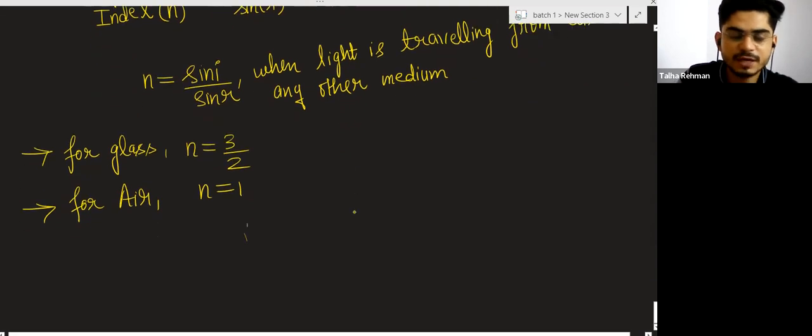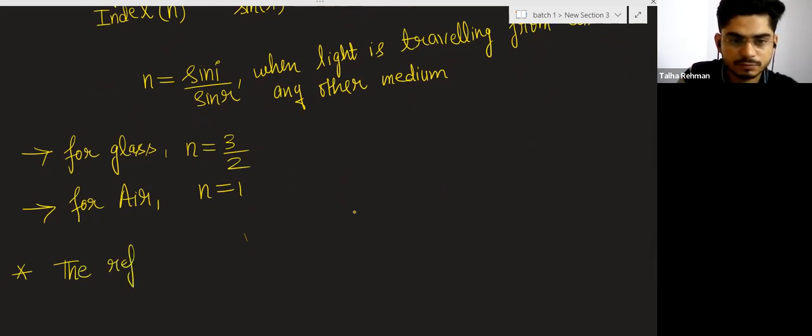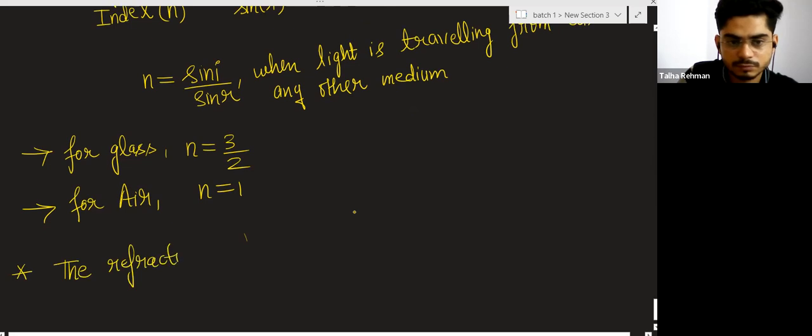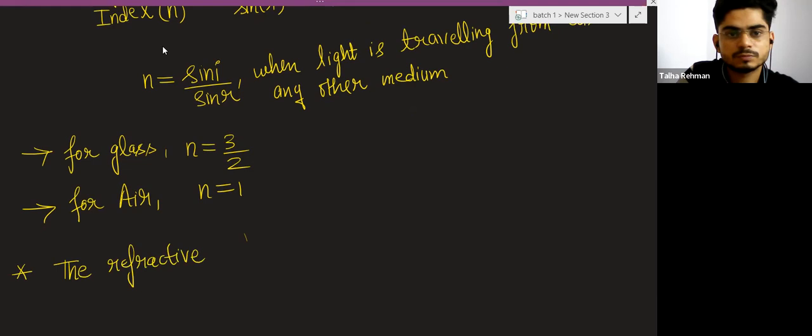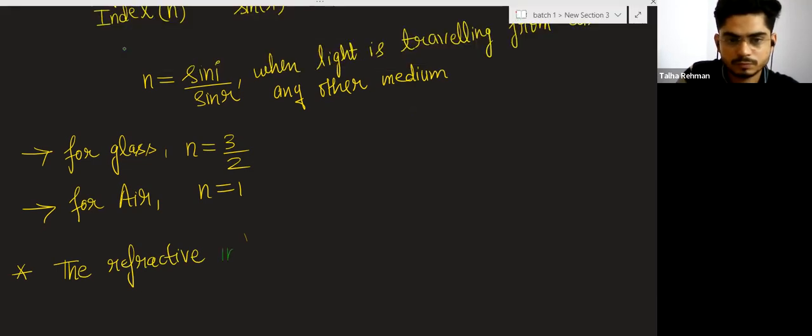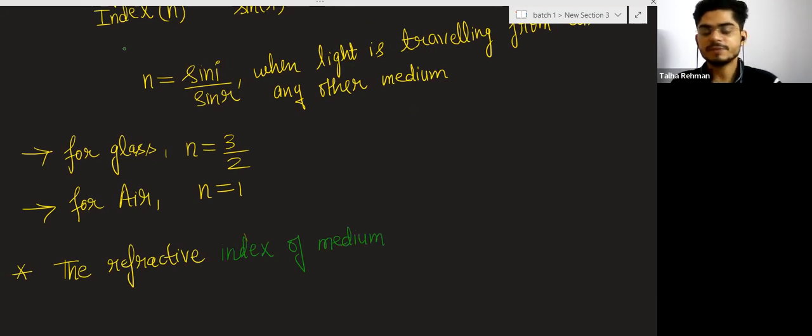So you can write one line for the refractive index. There can be a medium, meaning air as a medium, water as a medium, oil as a medium. All media have different refractive indices.